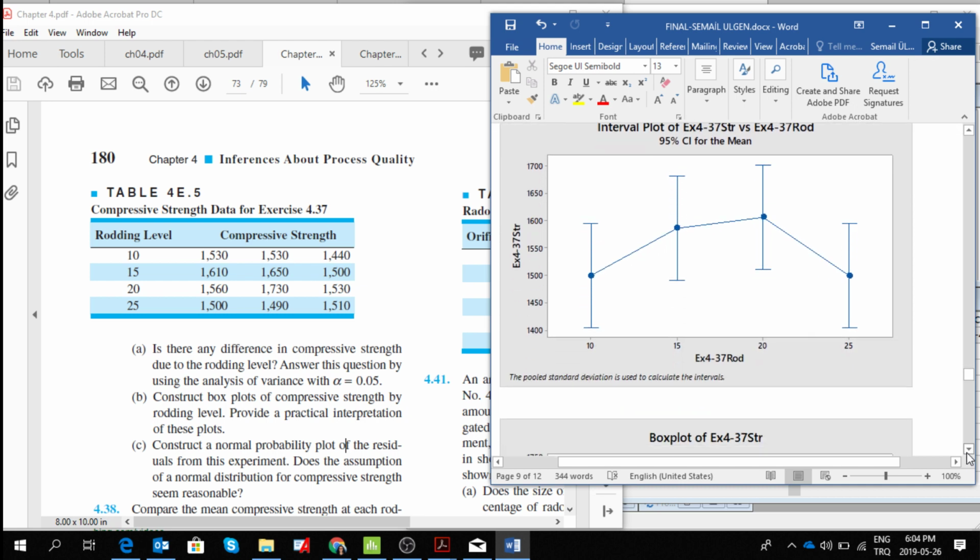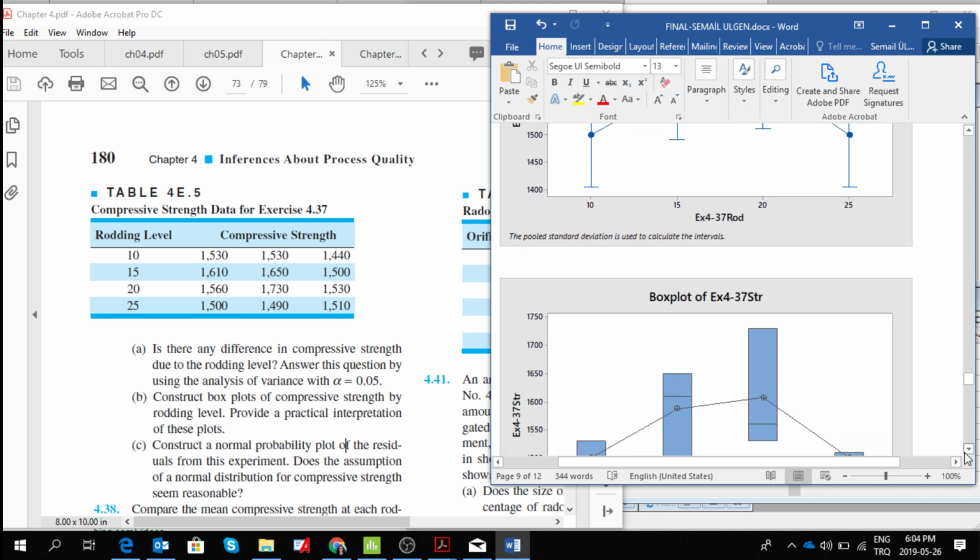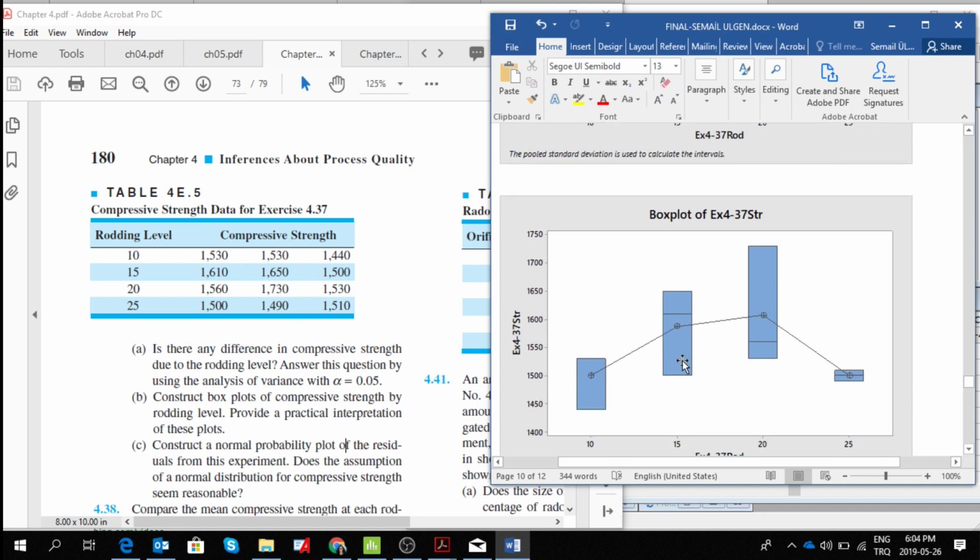We need the box plot, so we get these box plots for each level: 10, 15, 20, 25. As you see, levels 20, 15 and 10 show variation. But when you look at 25, there is very little variation. So that's all we can say about these plots.